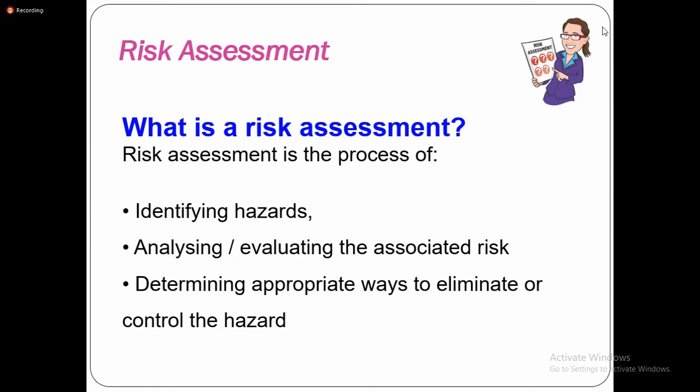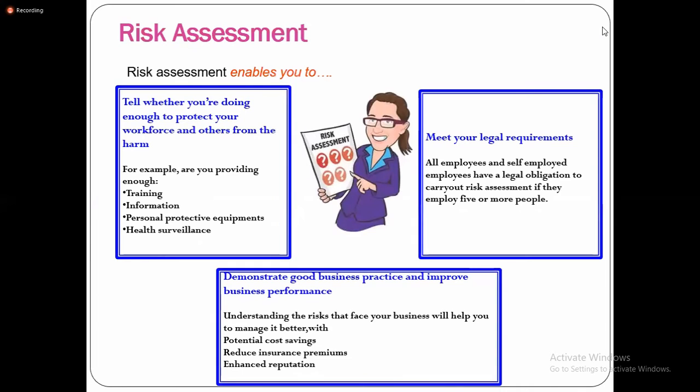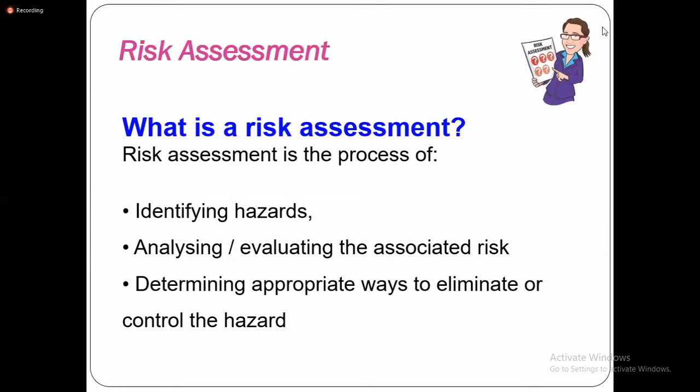We will go ahead with the assessment process, right? Normally, in the assessment process, we identify the hazards, analyze and evaluate the associated risks, and determine ways to eliminate or control the hazards. Now what I want is for you to come up with the reasons: what would be the benefit of risk assessment?